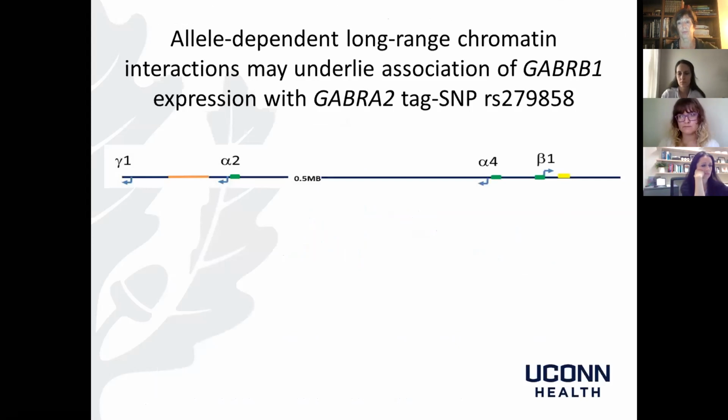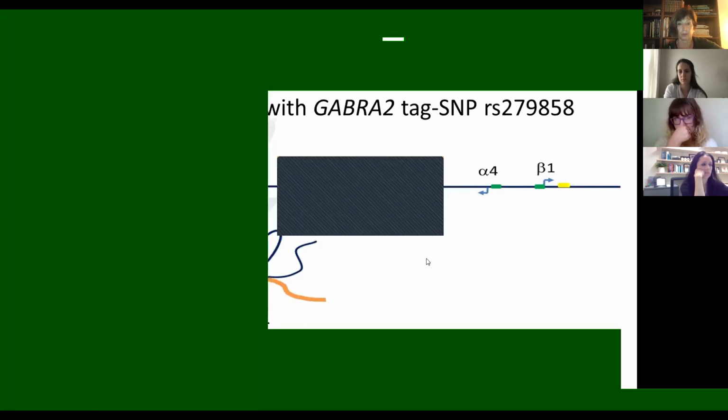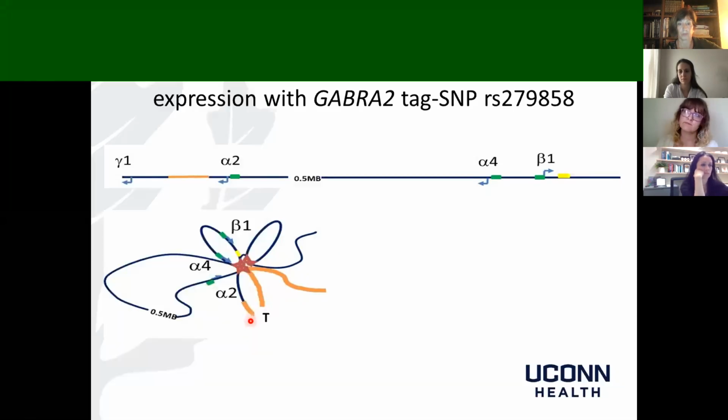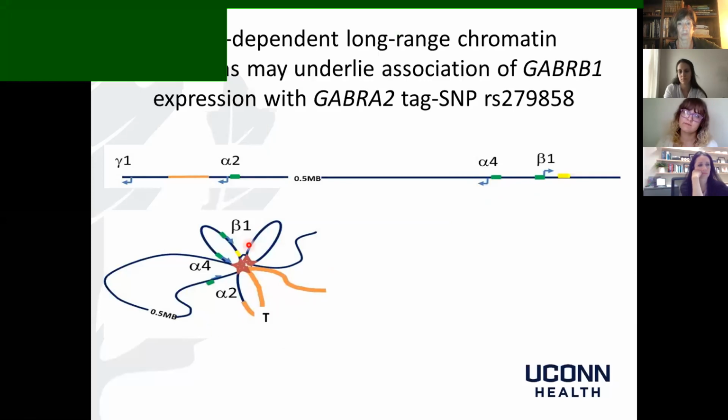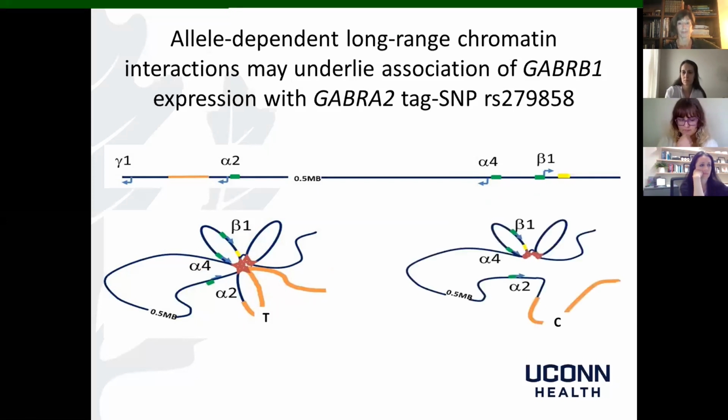And again, I already showed the linear schematic, and we're suggesting that there may be an increased interaction with the AUD-associated haplotype block in the case of the T allele, resulting in higher expression of the chromosome 4p12 GABA A receptor subunit genes, and a lower level of expression due to reduced physical interaction between genes within this cluster and the AUD-associated haplotype block in the case of the C allele.